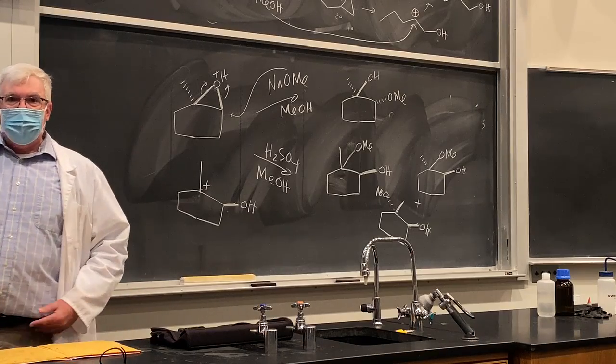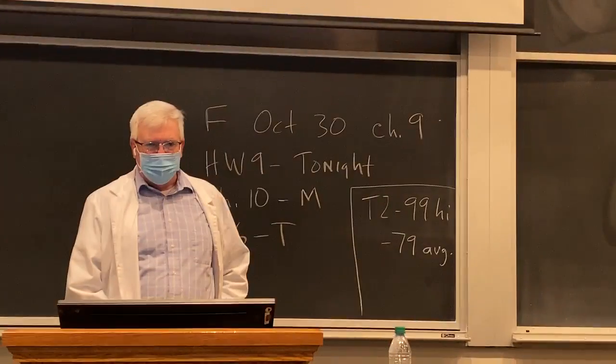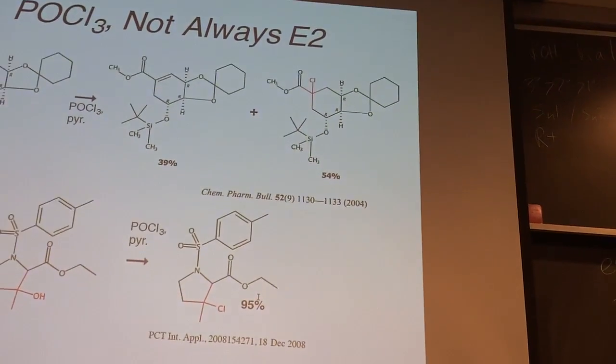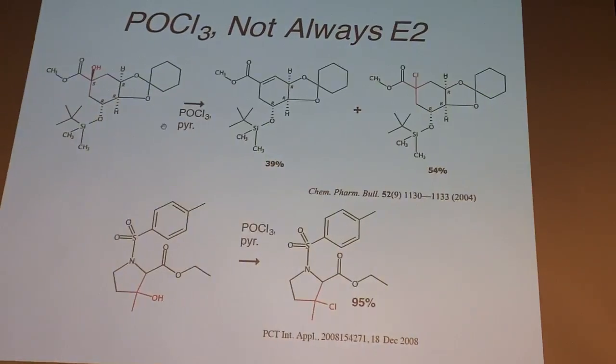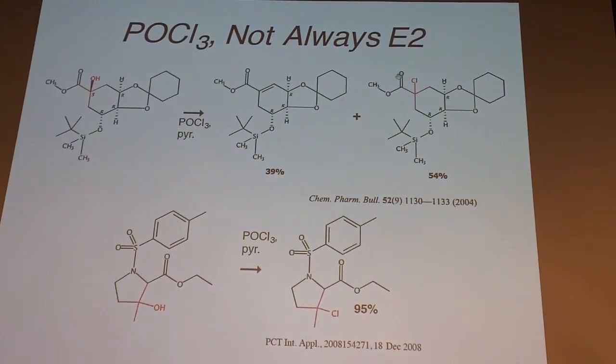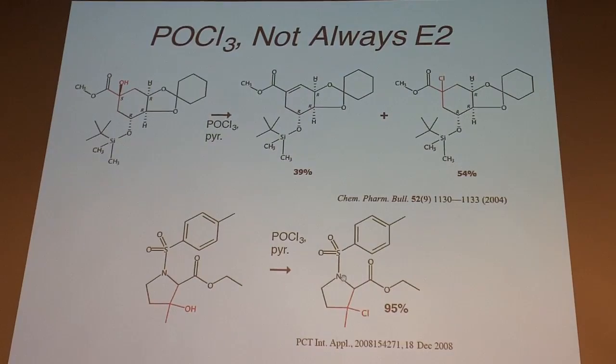Let's go to the overheads again here. I think we got a couple minutes. POCl3 doesn't always do eliminations. Here's our dehydration conditions. And in this case, actually, this tertiary alcohol, tertiary chloride, turns out to be a major one. Sometimes it's mixtures, and actually POCl3 is best for secondary alcohols.